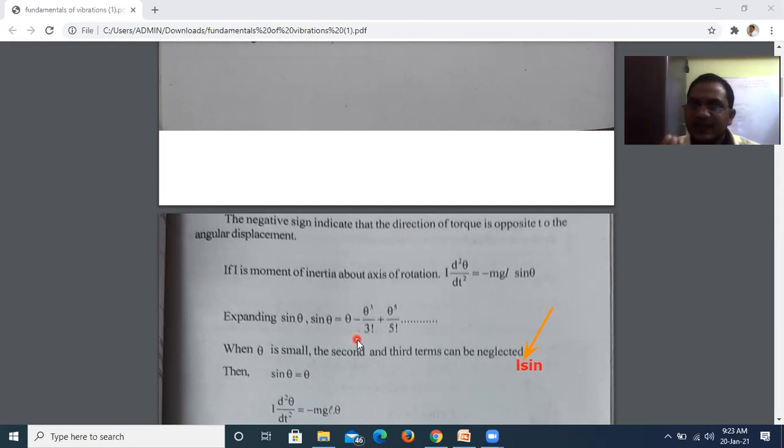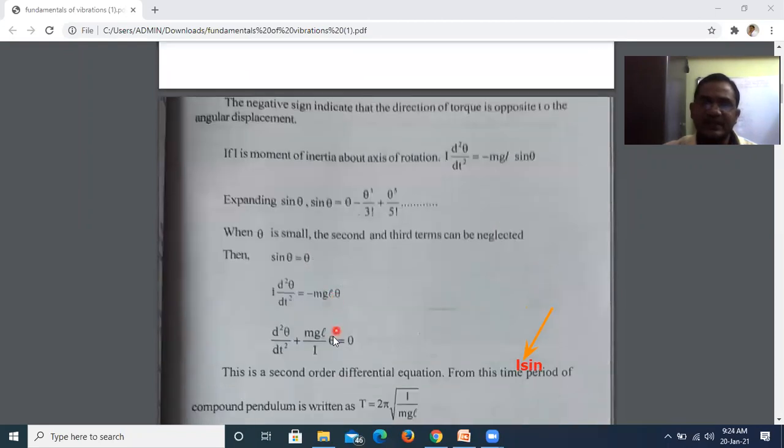When the angular displacement is very small, sin theta can be taken as theta. In this, comparing to the first term, you can neglect the second, third, fourth terms and so on. Then sin theta is nearly equal to theta. So this equation will become I d square theta by dt square equal minus mgl theta.